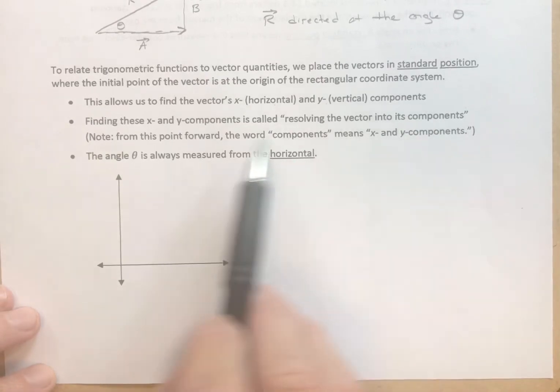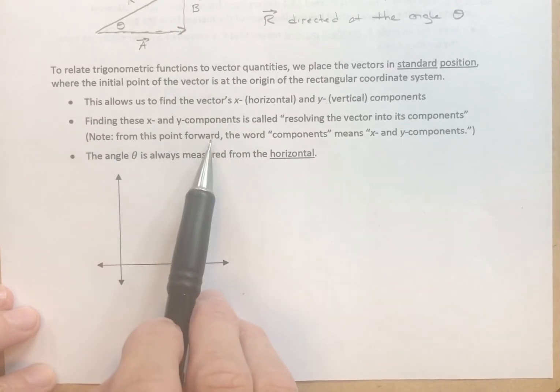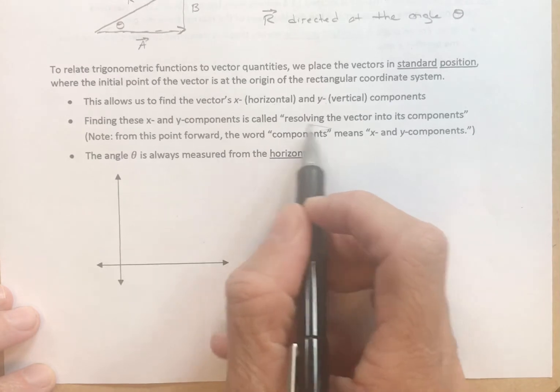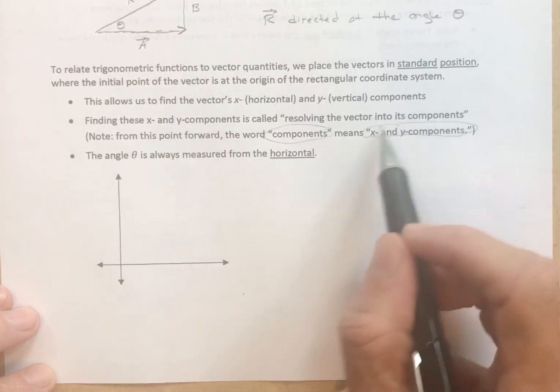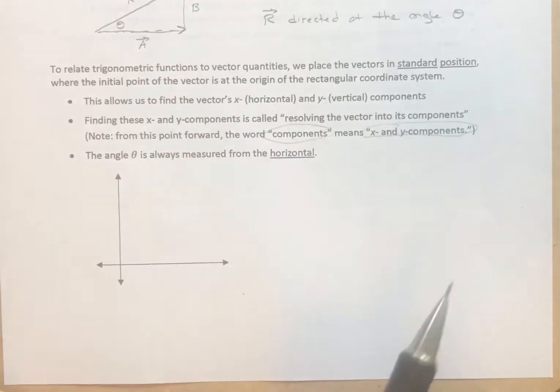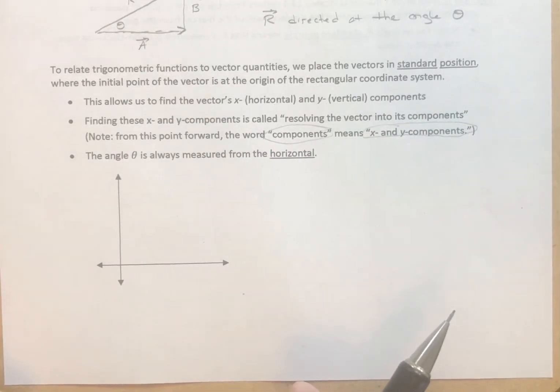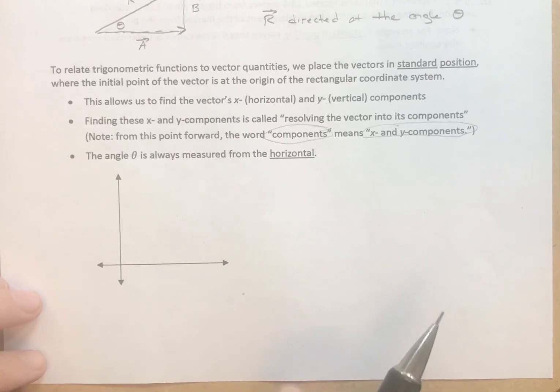And I want to point out that really from this point forward, when we use the word components, we're meaning the x and y components. So those get kind of interchanged sometimes, but generally you'll just see, hey, what are this vector's components? And you want to be thinking we're looking for the x and y components.